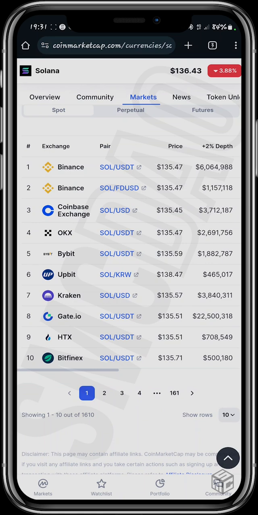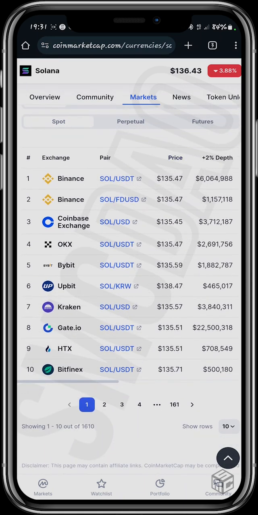Now if you look at the price of Solana against USDT on Binance, it is currently at 135.47. But if you look at the price of the same Solana/USDT on Bitfinex, you discover that Bitfinex has a higher price than Binance.